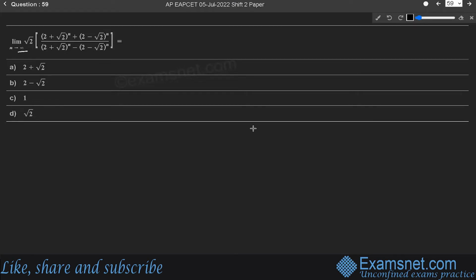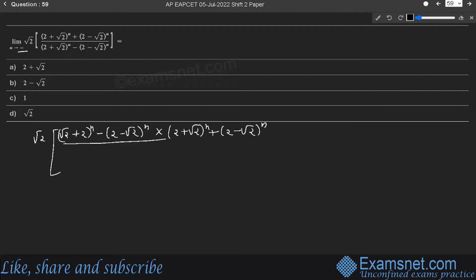So rationalizing the numerator, we get root 2 into ((2 plus root 2)^n minus (2 minus root 2)^n) into ((2 plus root 2)^n plus (2 minus root 2)^n) divided by (2 plus root 2)^n into (2 minus root 2)^n.